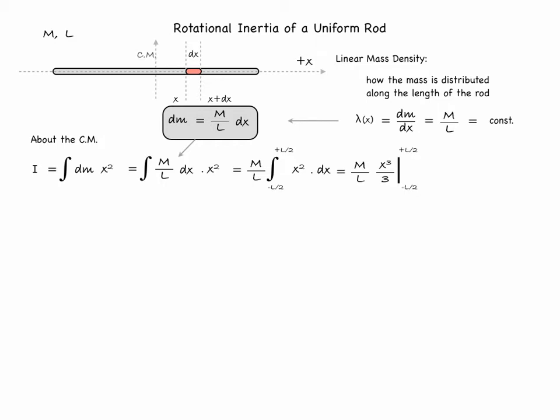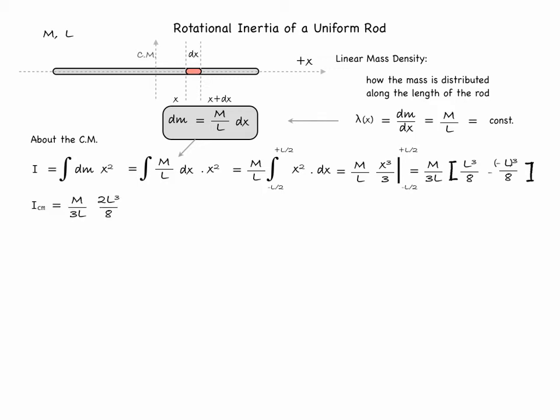And so what we get now is m over L times x cubed over 3 as the value of the integral, evaluated at the lower limit of minus L over 2 and upper limit L over 2. If we factor out m over 3L, we will get in parentheses the upper limit value L cubed over 8 minus the lower limit value of minus L cubed over 8.